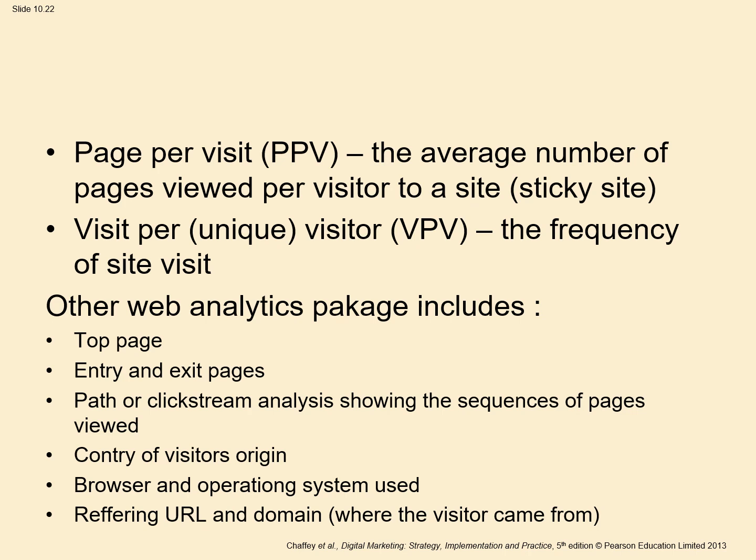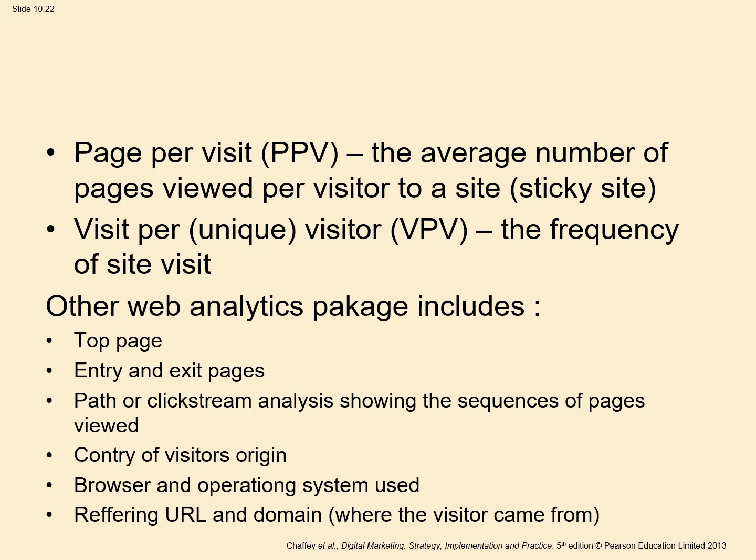The next one is pages per visit, also called PPV. This is the average number of pages viewed by a visitor to a site, and it also determines the stickiness of the customer toward the website. And visits per unique visitor, or VPV, is the frequency of the site visit according to the IP address of the customer.